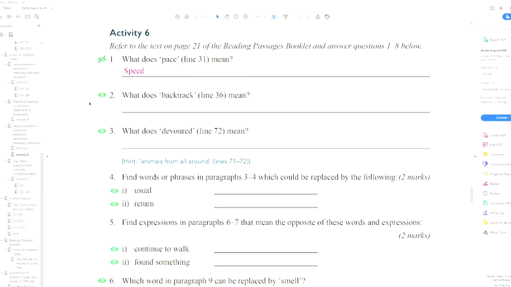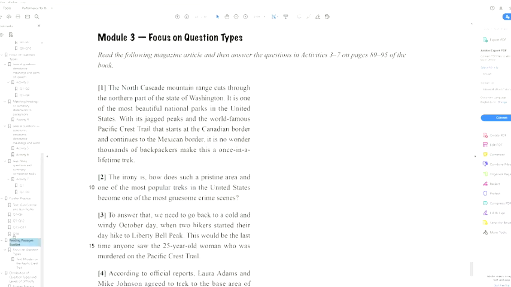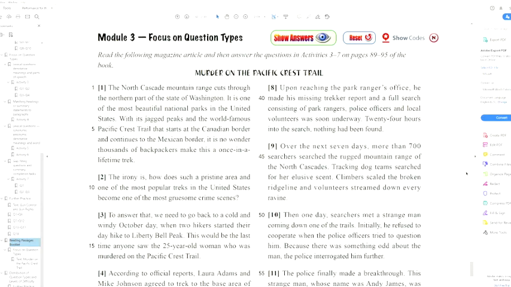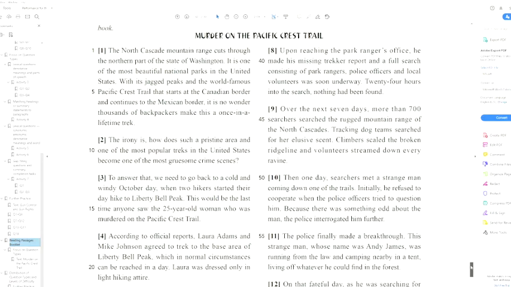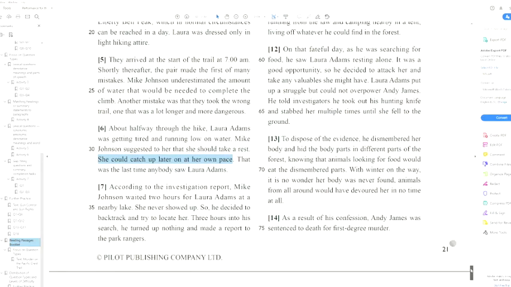What does backtrack in line 36 mean? Line 36. So he decided to back, oh, she never showed up. Okay, so they're going two different speeds. She never showed up, so he decided to backtrack to try to locate her, to find her.